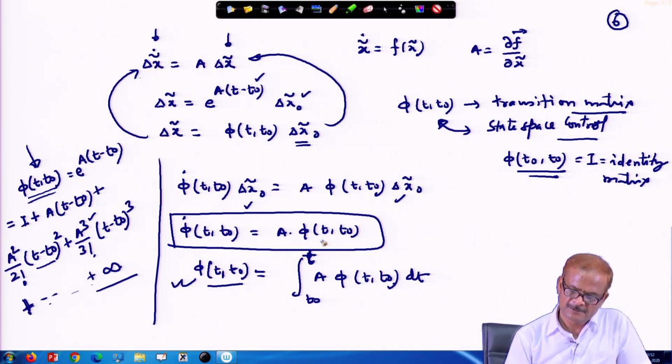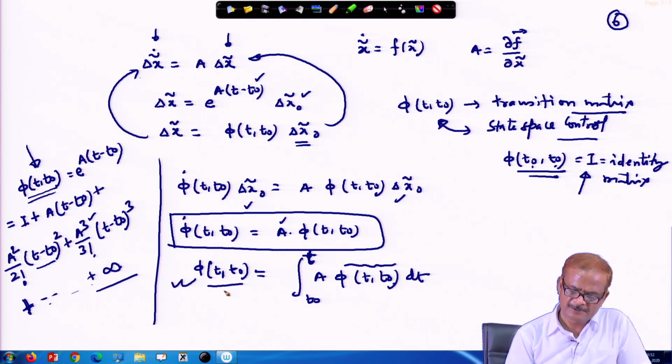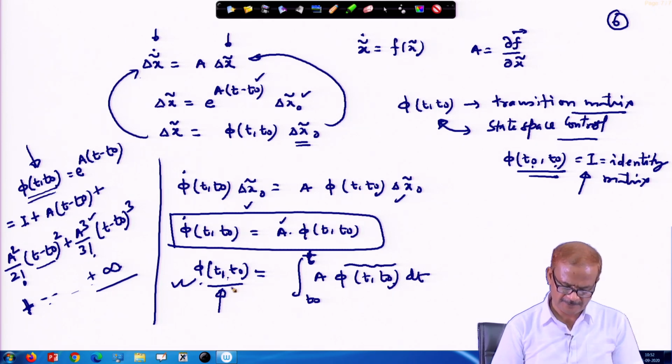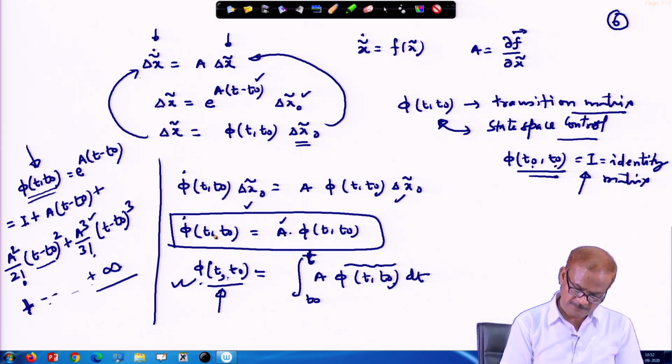Here in this case, once you are starting with the value of the A and you have this phi t 0 t 0 initially, right in the beginning, equal to identity matrix, you can just keep integrating and you will get this result, the transition matrix at different instants of time.